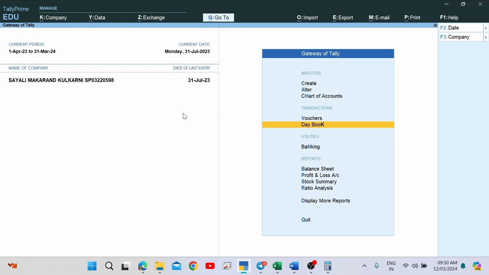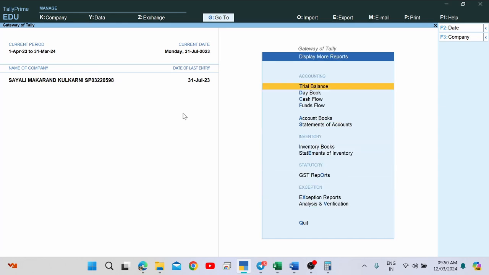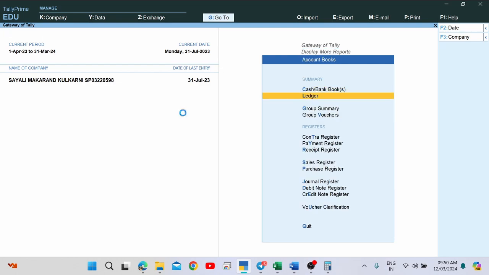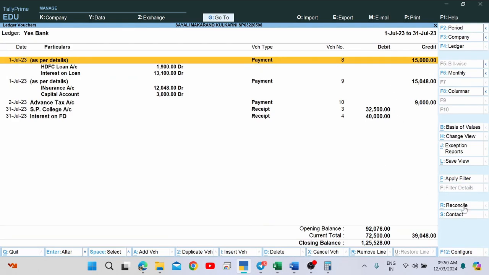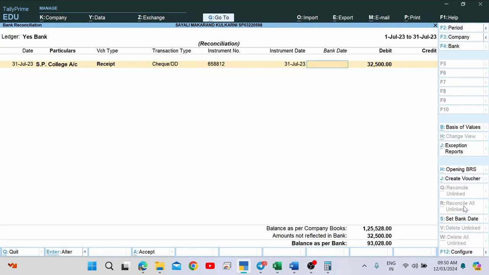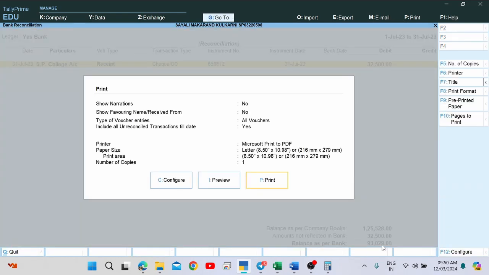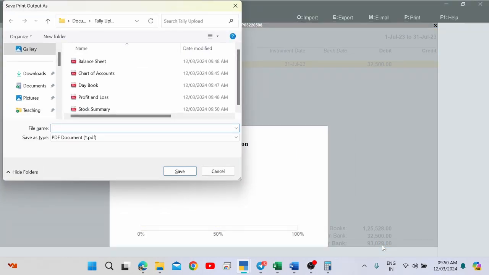But I think we have a very famous shortcut, D A L, that means Display, and then in that Account Books and Ledger, and then your SBI bank, select it, and then click on Reconcile. I want this reconciliation, and then the closing balance. With the closing balance, press Control P, and then don't change anything, just say Print, and name it BRS.